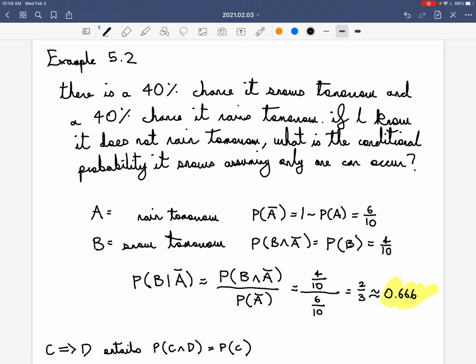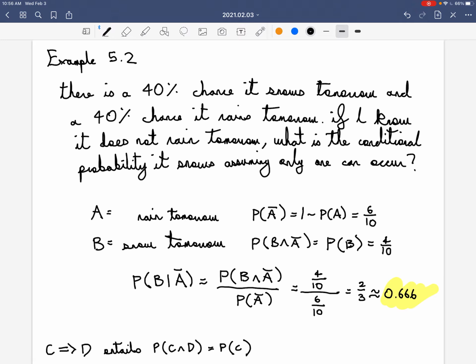And so now let's try and think about the probability it snows tomorrow. So how are we going to figure out the probability it snows tomorrow given that it rains tomorrow?